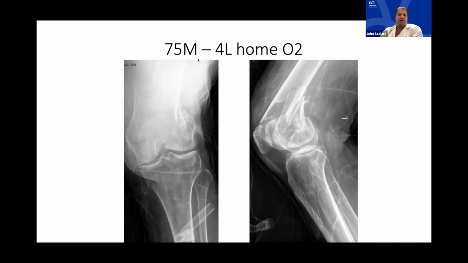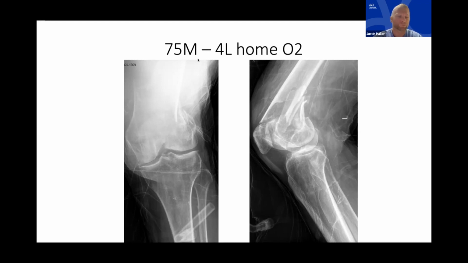Can you remember how severe the intra-articular component was? Yeah, so this guy had an intra-articular split and then a Hoffa fragment. I think you can see that on the lateral radiograph. So Hoffa and then intra-articular split. He doesn't ambulate a ton, on 4 liters home O2.